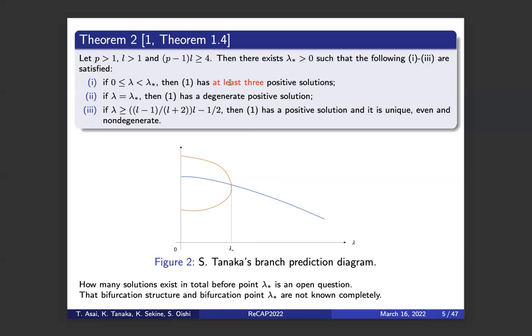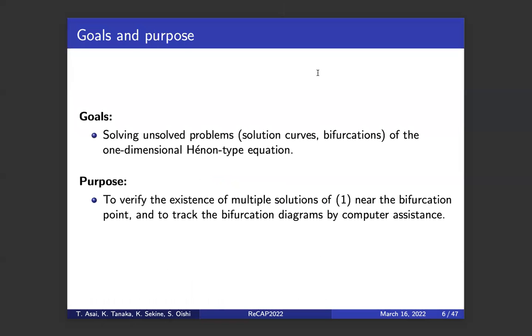because this theorem says that the equation has at least 3 positive solutions. So we set the goals and the purposes.